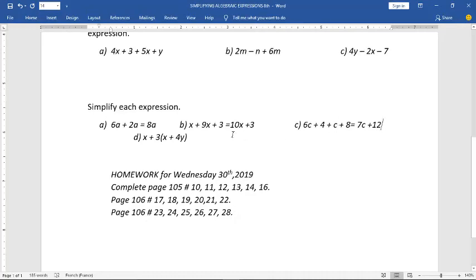Let's go for the last one, which is a little bit more complicated because I can see some parentheses.